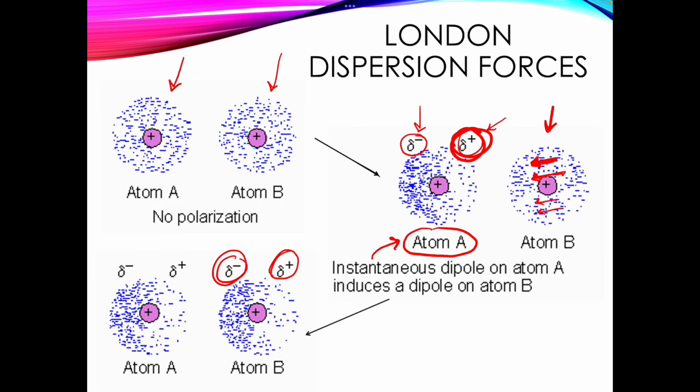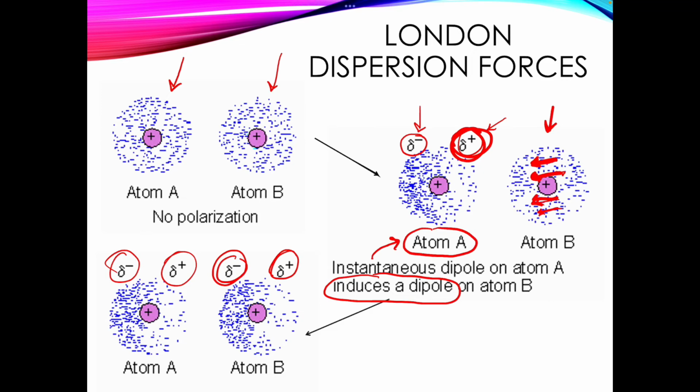When that happens and it forces these electrons to move like that, that's called an induced dipole that happens on atom B. So atom B happened to have a dipole because one happened on atom A. Hopefully that makes a little bit of sense. But that's essentially how London dispersion forces work.